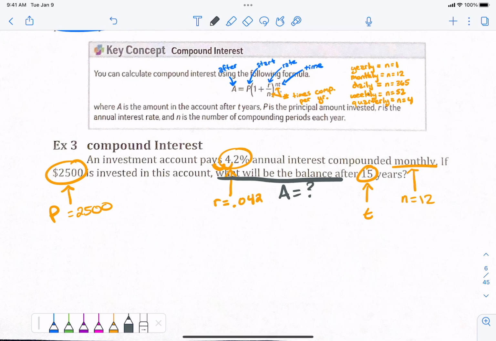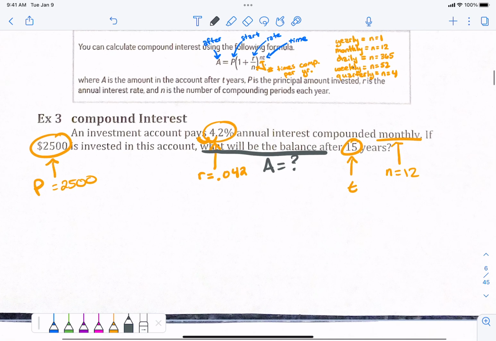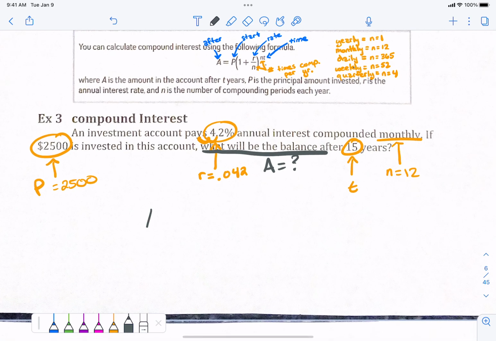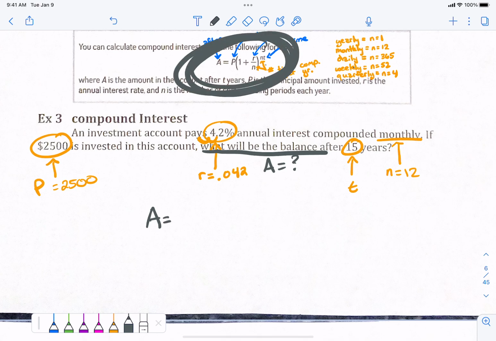A is the balance after 15 years. Okay, so we're just going to plop these numbers in. We know that P is 2,500. 1 plus 0.042 divided by 12. And then that is to the N, which is 12, times T, which is 15.